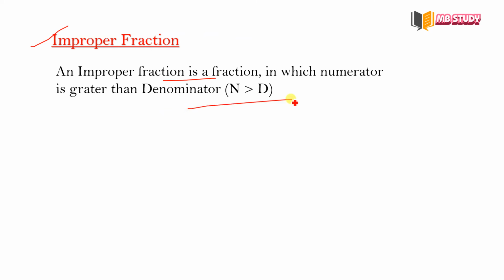It is exactly opposite to the proper fraction. Look at the examples, 3 by 2 and 7 by 5. 3 is greater than 2 and 7 is also greater than 5.